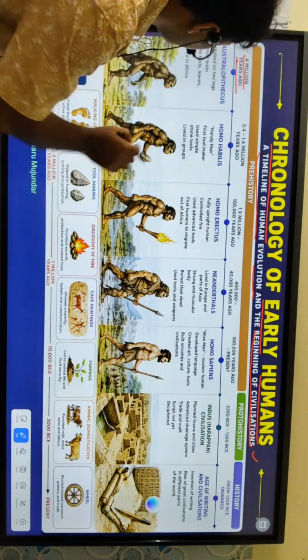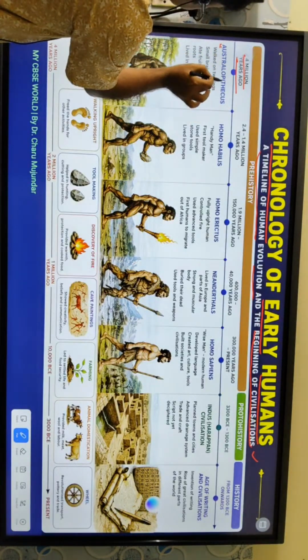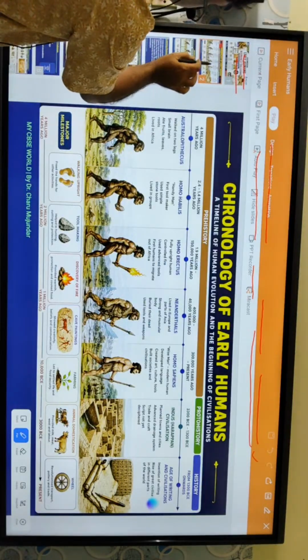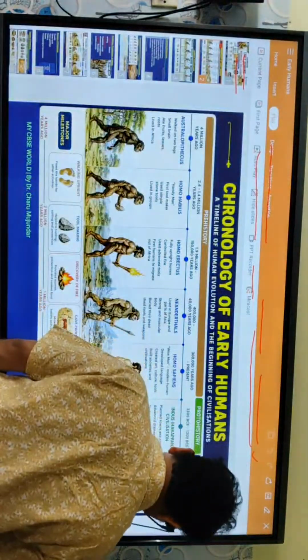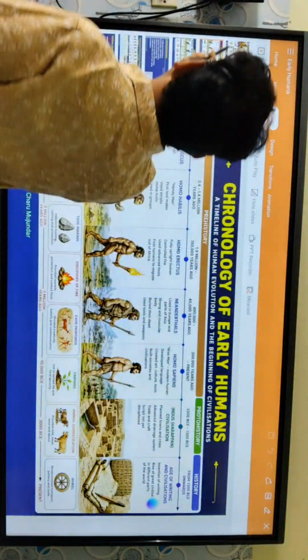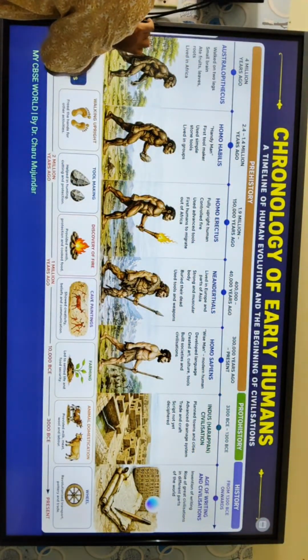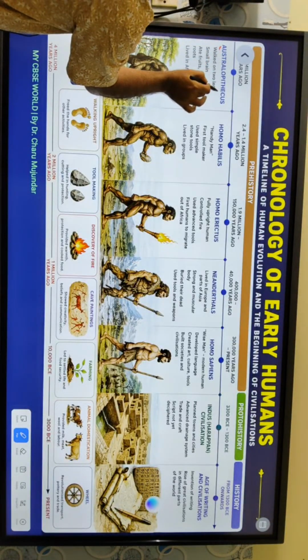Right. 40 lakh years ago, our ancestors were called Australopithecus. What is that? Australopithecus.